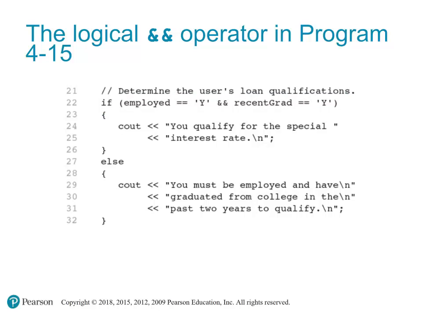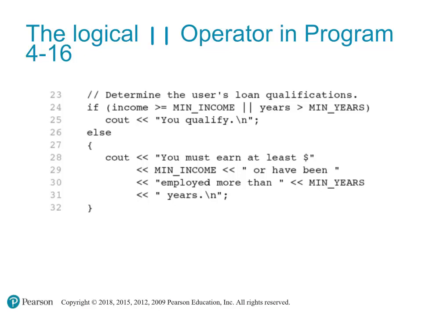The message about qualifying for a special interest rate is displayed only if both conditions are true. If either or both conditions are false, the program informs the user about the requirements to qualify for the special rate.